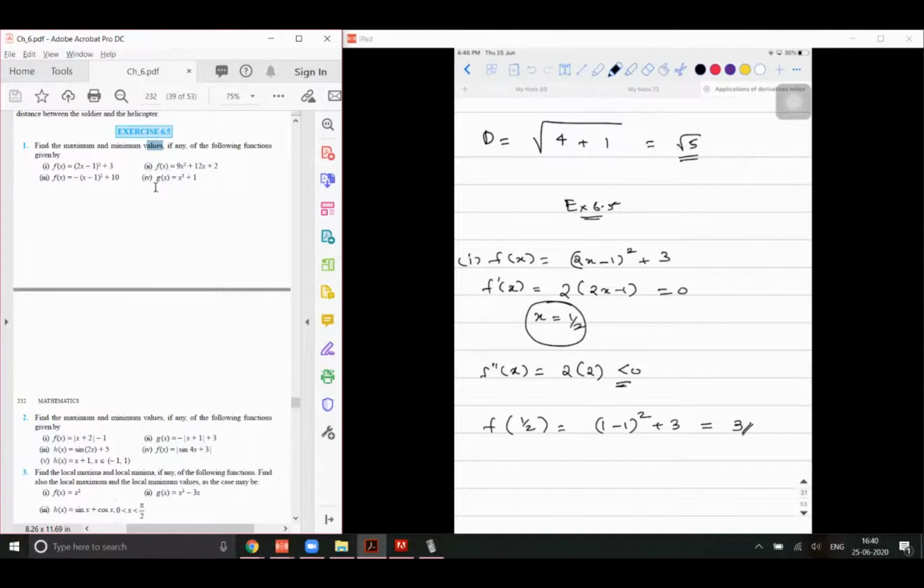That will be 3. f double dash of x is greater than 0, sorry, greater than 0, right? Then this should be the least value. Yes, in my mind I had it, but I wrote it wrong. So this is the least value, correct? So this is the minimum.